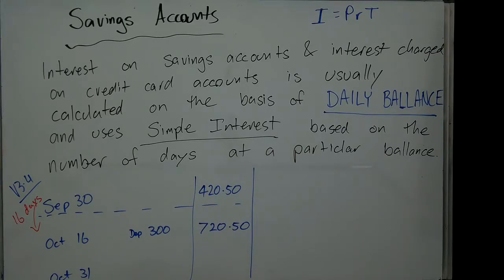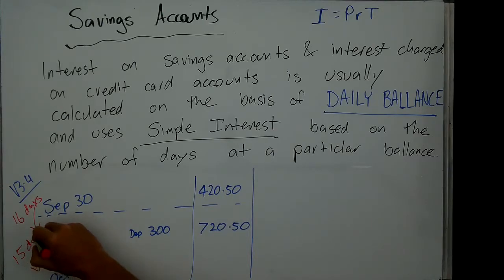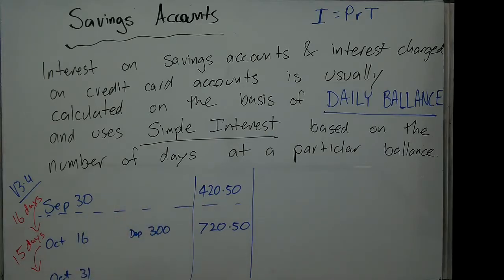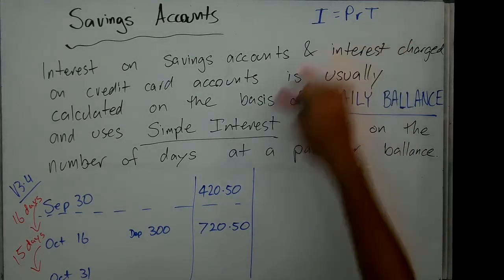So from the 16th till the 31st, do that on your fingers, essentially another 15 days. And once you've worked out these jumps for the whole month, the number of days should all add up to the number of days in the month. So because we've got two different balances throughout October, we're going to need to do two separate calculations.